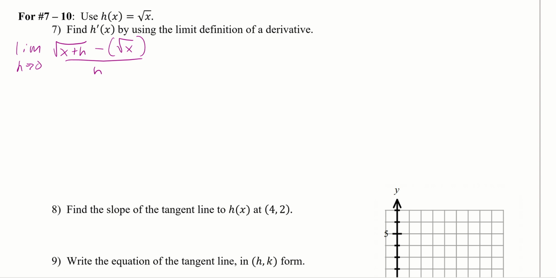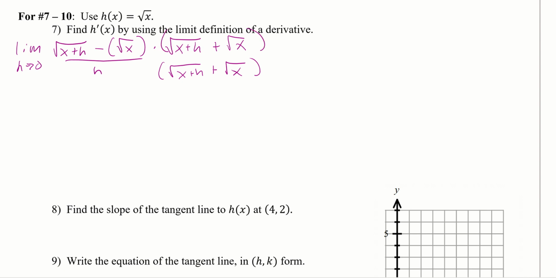I can't plug in 0 into the denominator; it's going to make everything undefined. So if you remember previous sections, we have to rationalize the numerator. So we're going to rationalize by multiplying by its conjugate: the square root of x plus h, plus the square root of x. I got parentheses everywhere. There, that looks better. That was a little overboard in the numerator there.